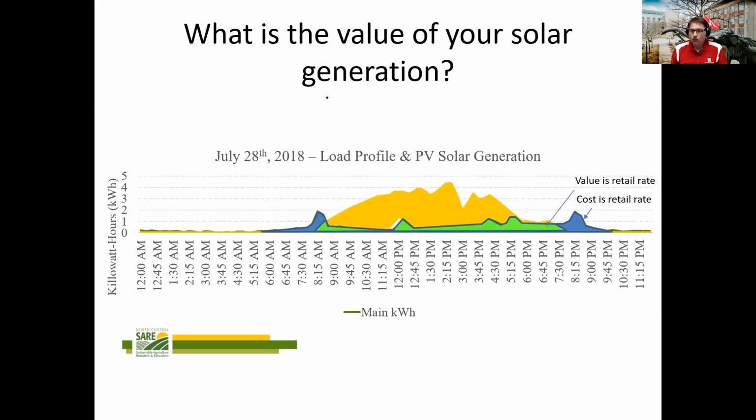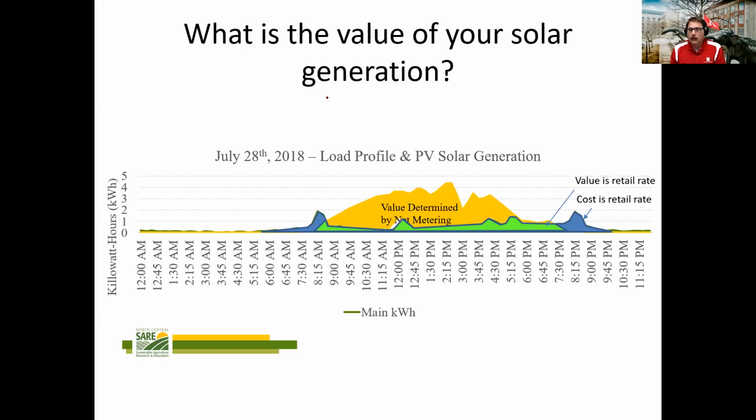The part that's now in green is the electricity that went from the solar directly to the load, and it has a value of retail rate. The blue areas are directly from the utility, and its cost is retail rate. And then I have this third section, this yellow, that went out onto the grid. And its value is determined by net metering.